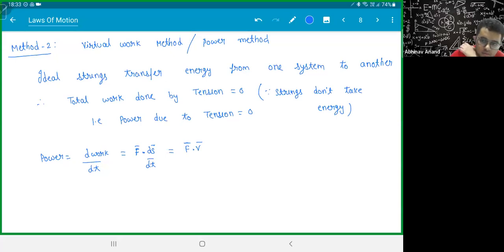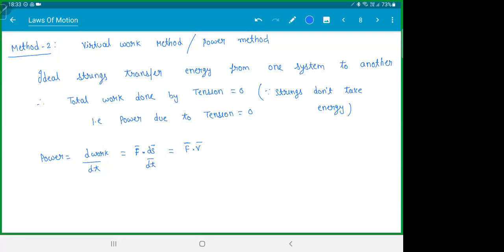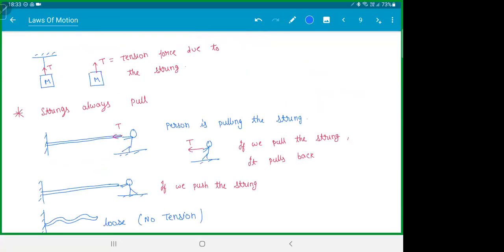Any doubts on this page? Man pulling the string, man pushing the string.